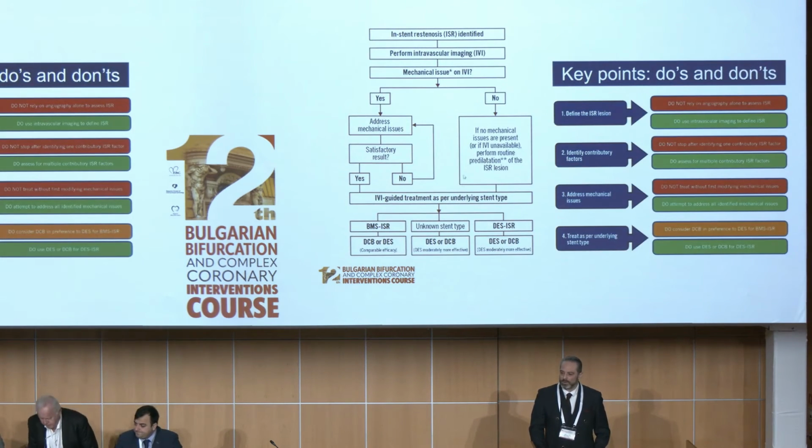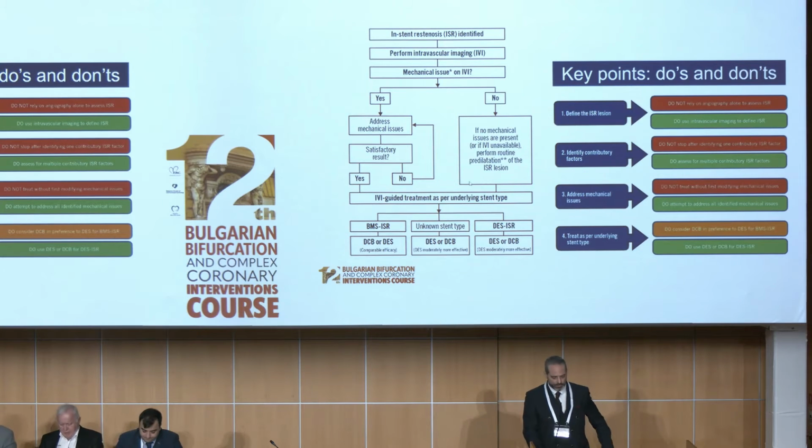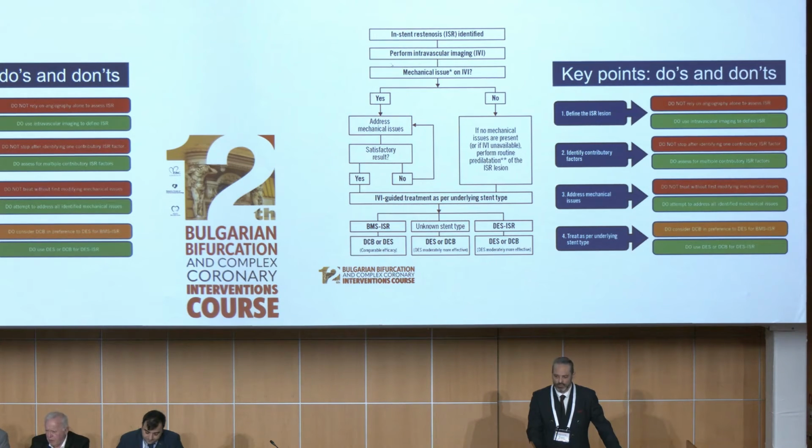So going to the practical point, in the last two slides, you should identify the pattern of in-stent restenosis. So here, probably performing intravascular imaging is a good option. You cannot rely only on angiography in this situation. You check if there is a mechanical issue or not.